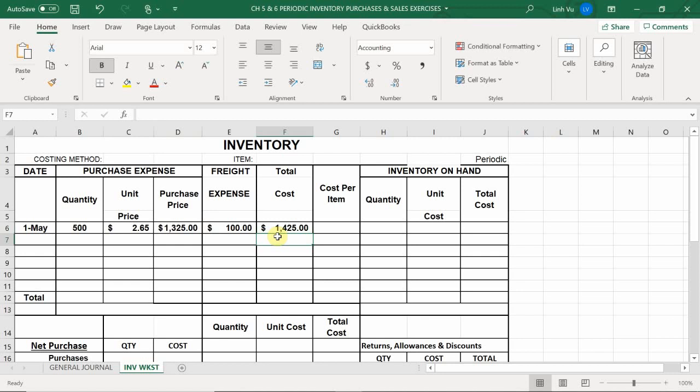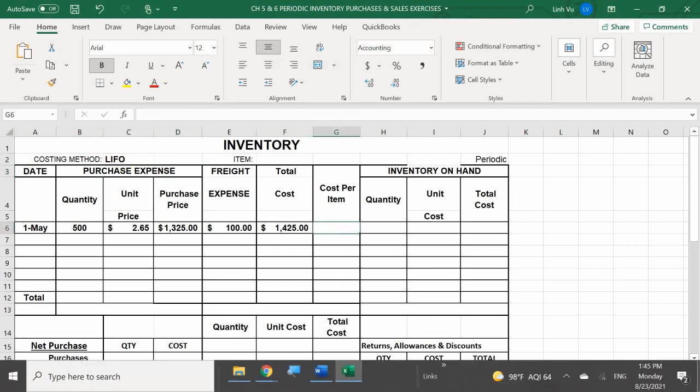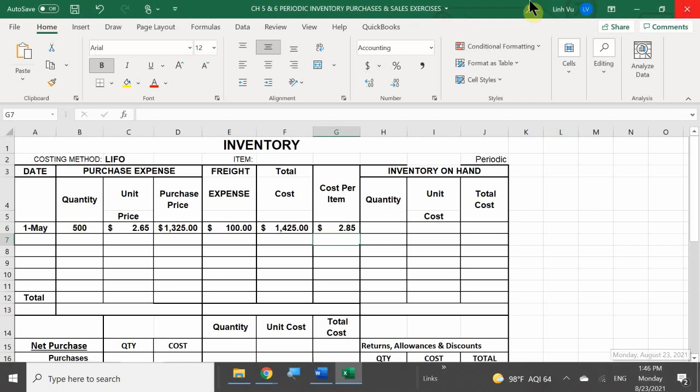Now in this case, what costing method am I using? LIFO. So therefore, I need to calculate my cost per item. What is going to be my cost per item here? $2.85. Okay, good.